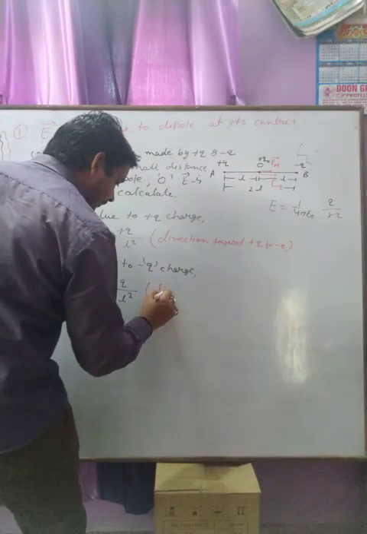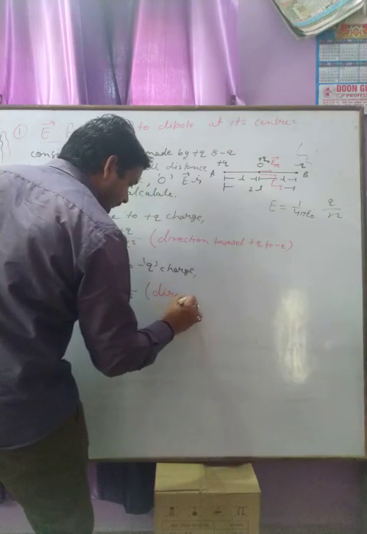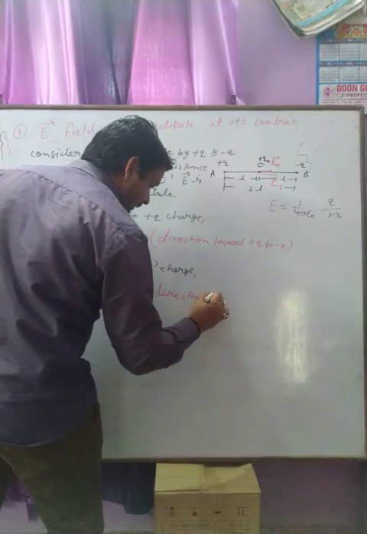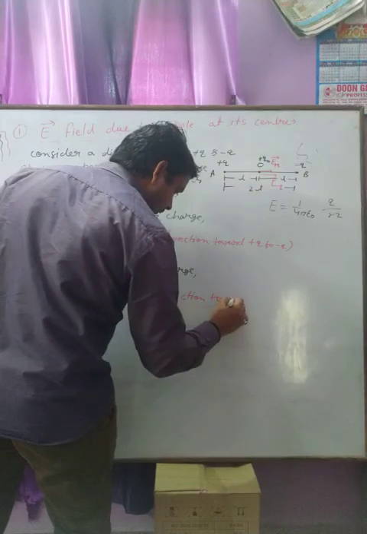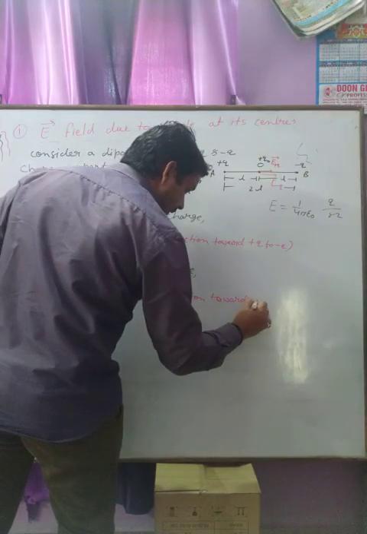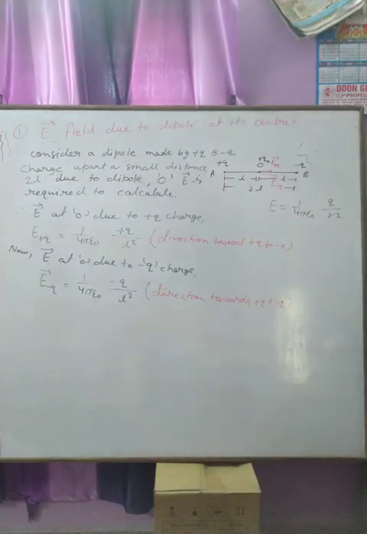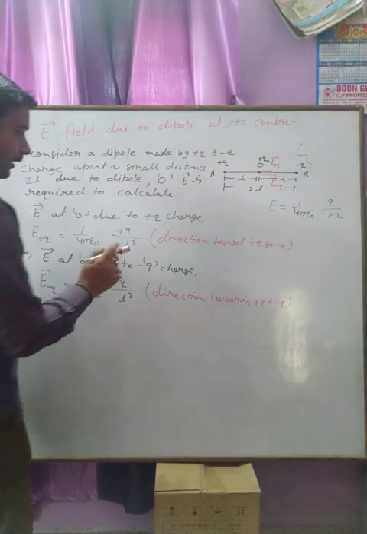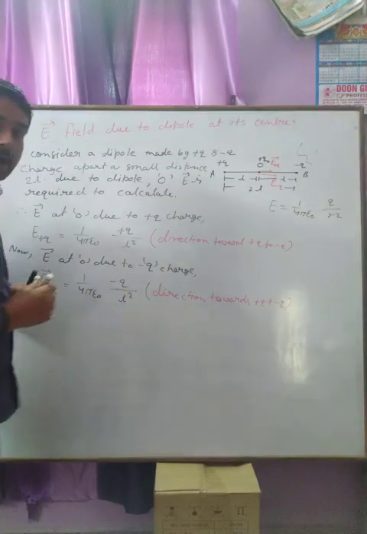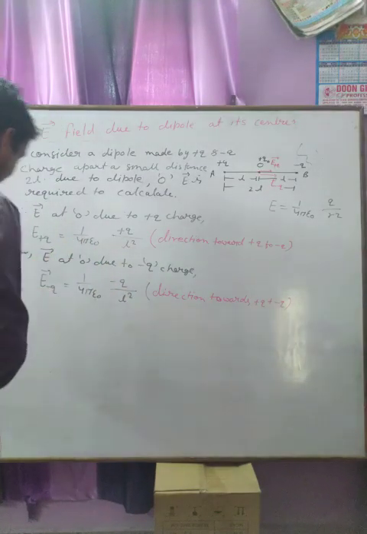So we are applying the direction toward plus q to minus q charge. Because the electric field is a vector quantity, we are adding the two using direction.